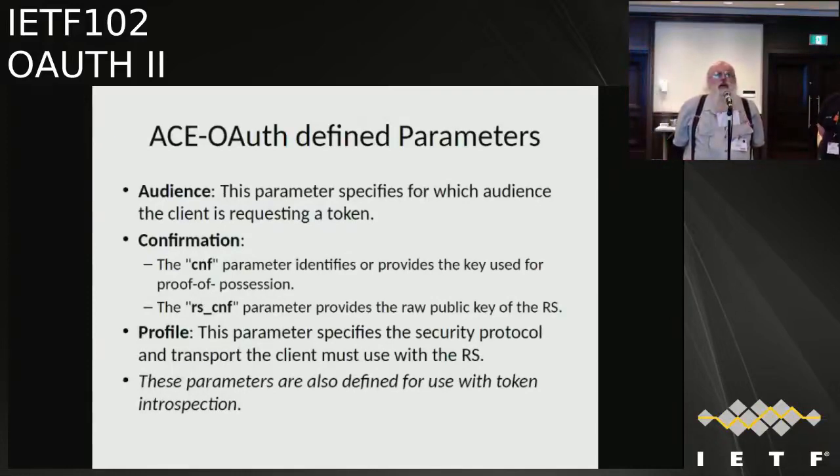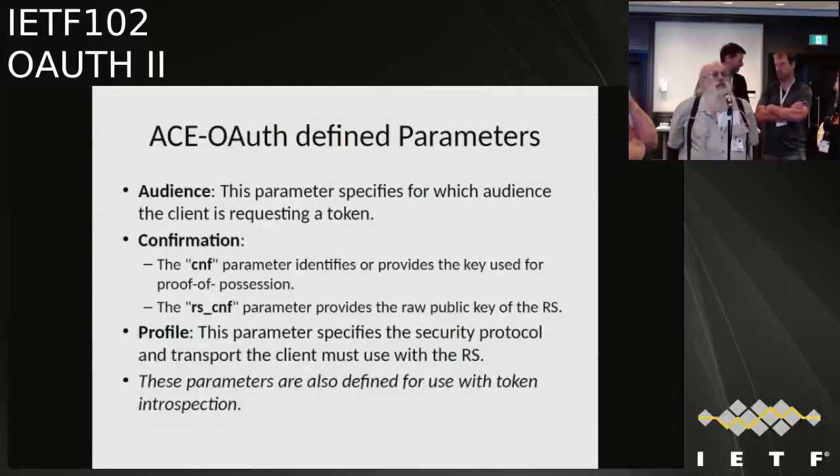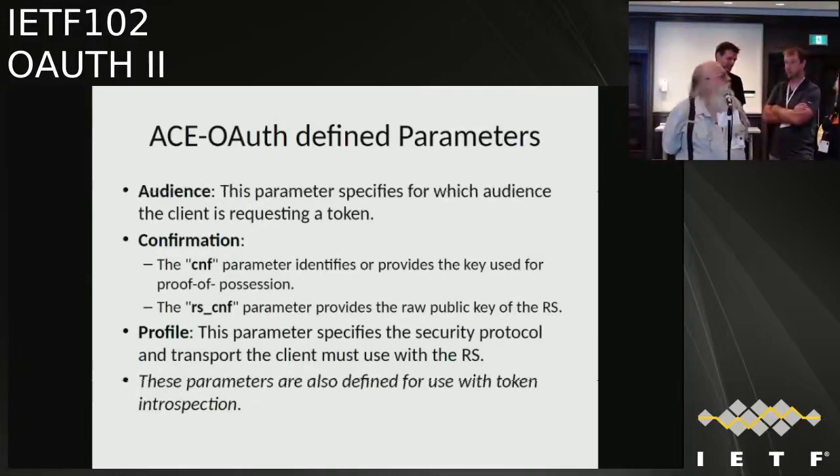Jim Schaad: I'm having a problem understanding John's position on using the name audience. My understanding is that this is basically designed to be equivalent to the audience in a CWT or a JWT, so using a different name seems odd.